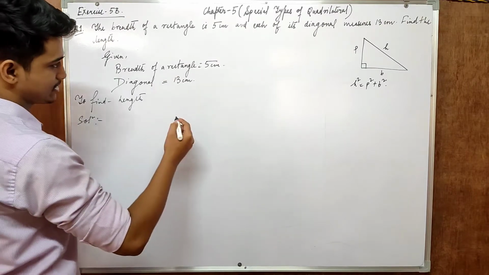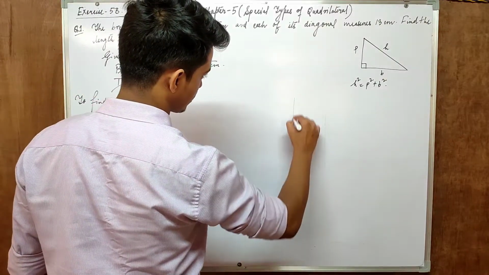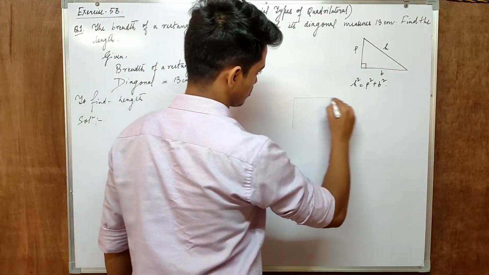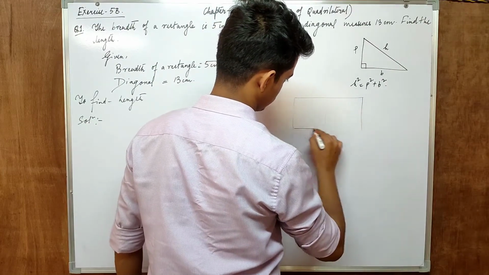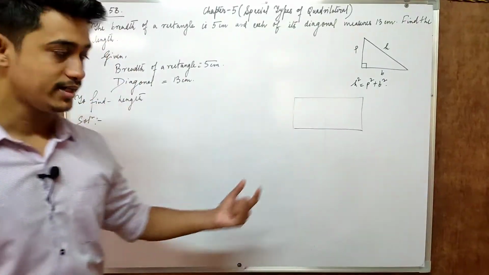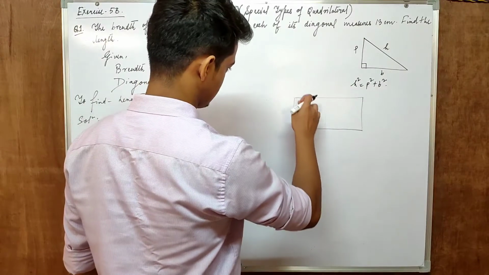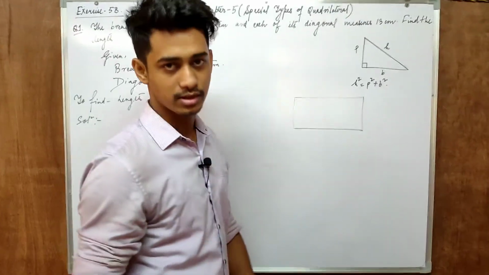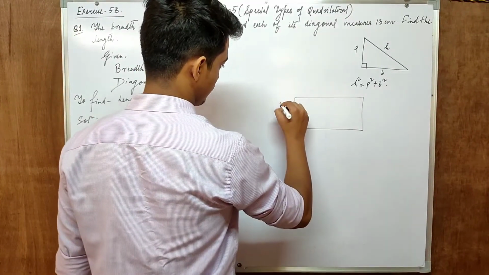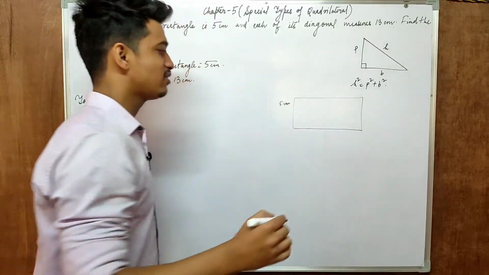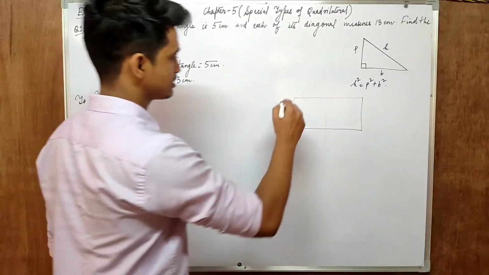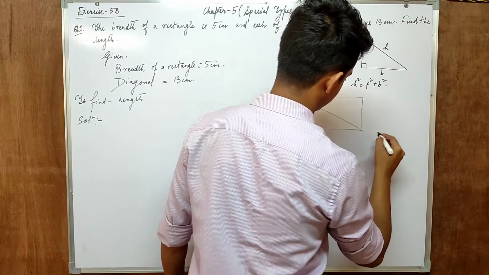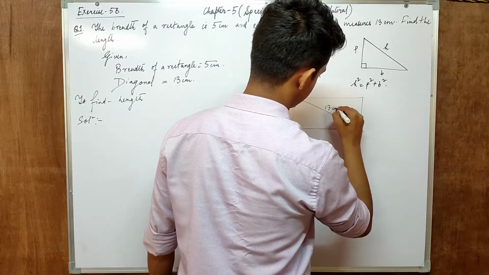See, this is the shape of a rectangle. Here the breadth is given. What is the breadth? The shorter side. So this is, let's say, 5 cm. And what is given? The diagonal. Let's say this diagonal is 13 centimeter.